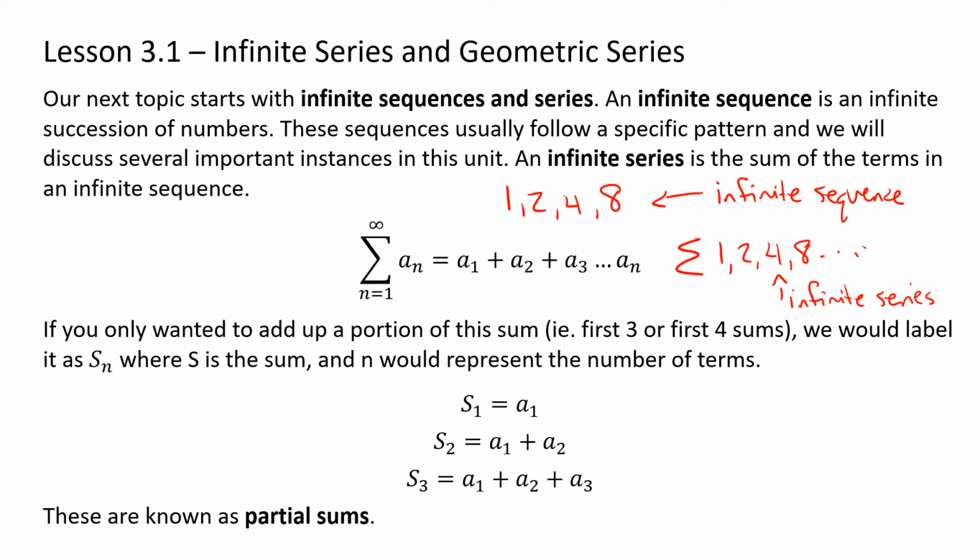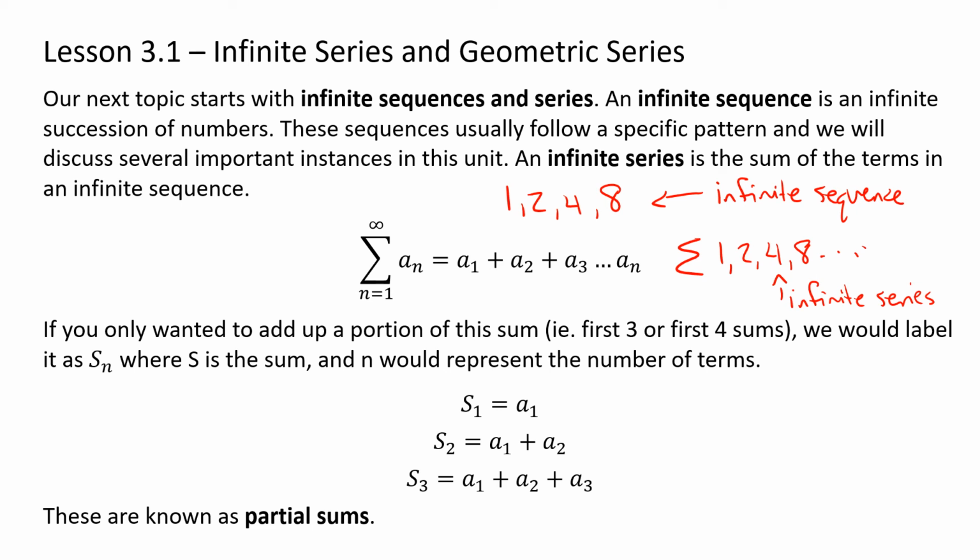So for an infinite series, you're obviously not going to add up every single term in most cases. You might only add up the first couple terms, maybe 3 terms, 4 terms, 6 terms. Or when we get into later series, you might only calculate the first 3 or 4 terms, and that's common.